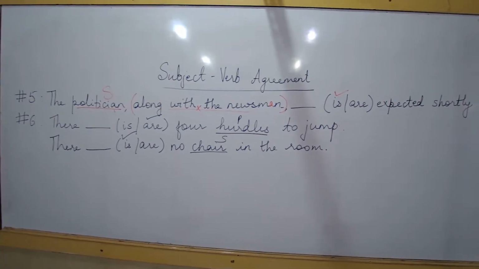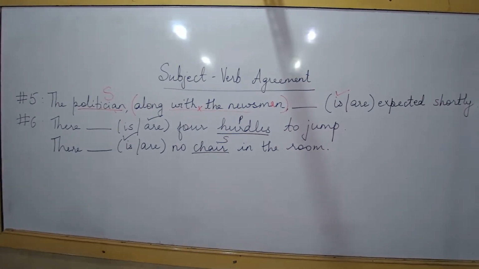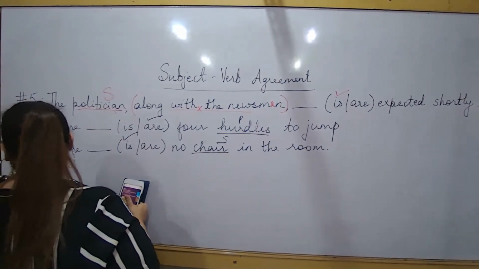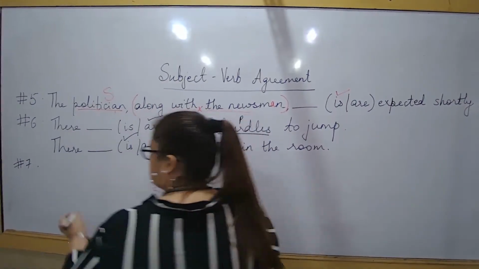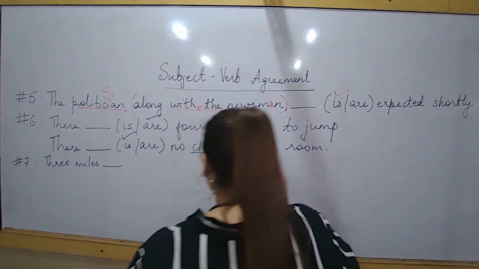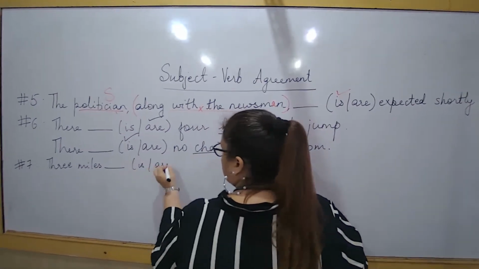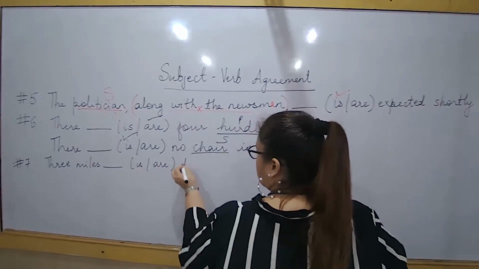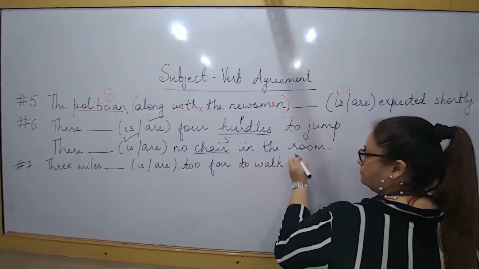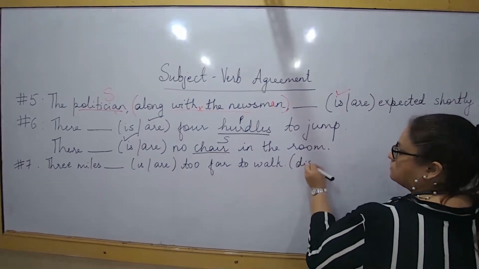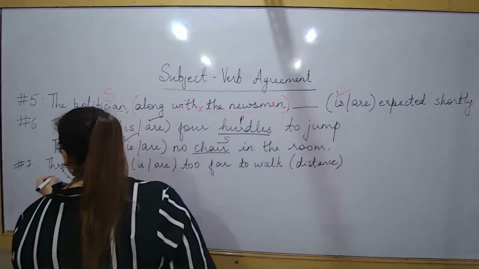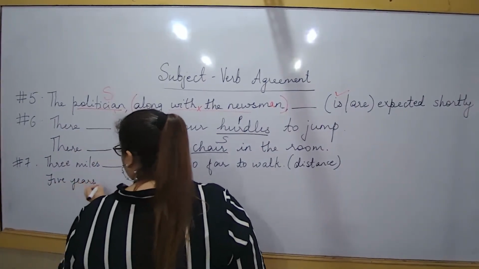Write the example. Rule 7. Three miles is or are too far to walk, distance. Second example: 5 years.